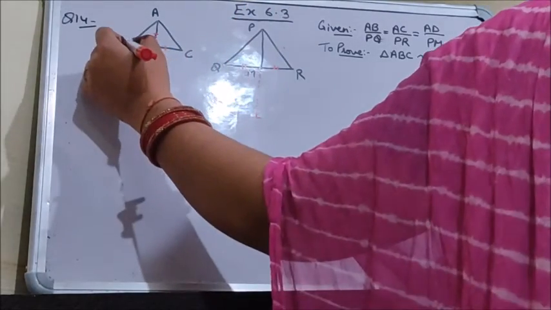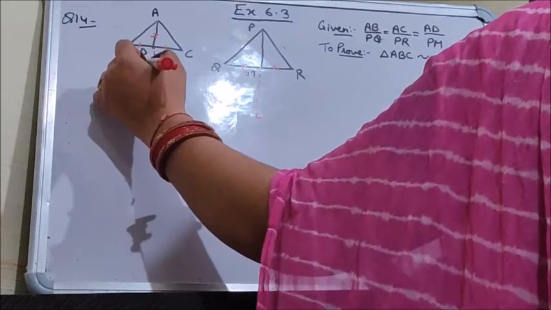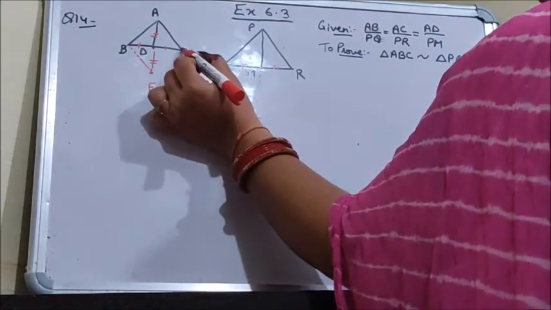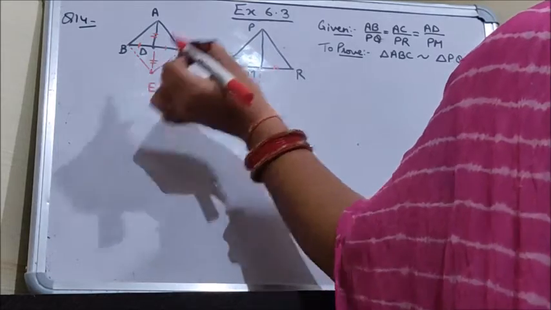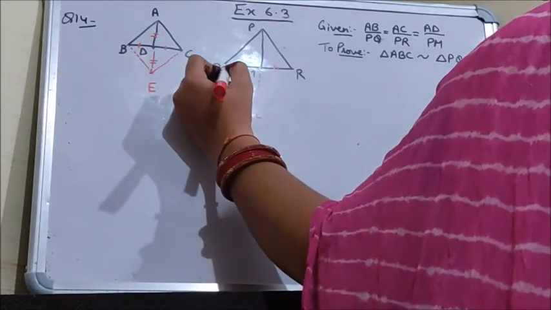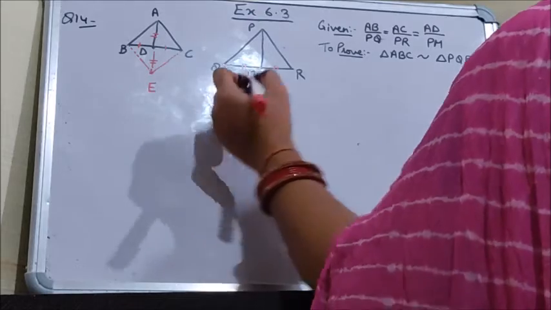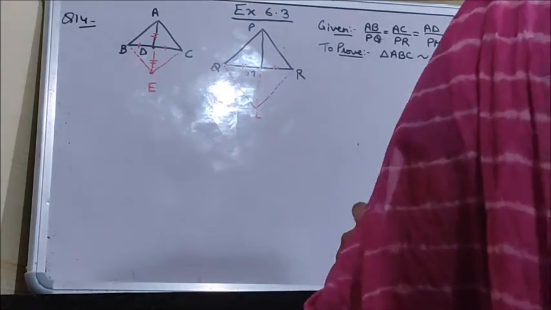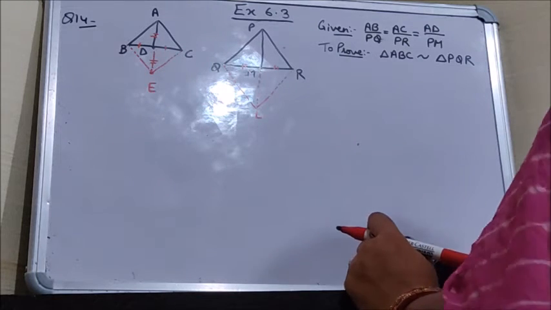Then we join B to E and C to E. Here also we join Q to L and R to L. This is the construction.